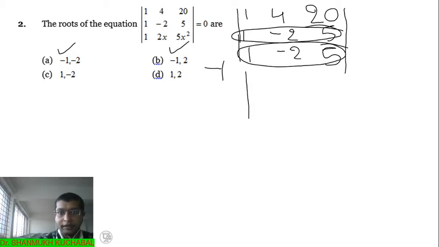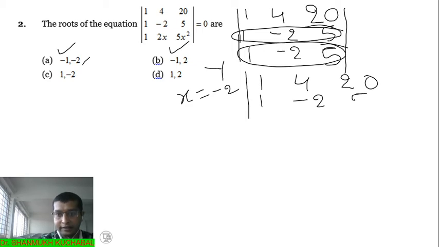Okay, so next I take x equal to the second value, minus 2 here, right? Then I take 1 4 20 as it is, next 1 minus 2 5 as it is, then I take 1 here. See, minus 2 I get a minus 4, right?